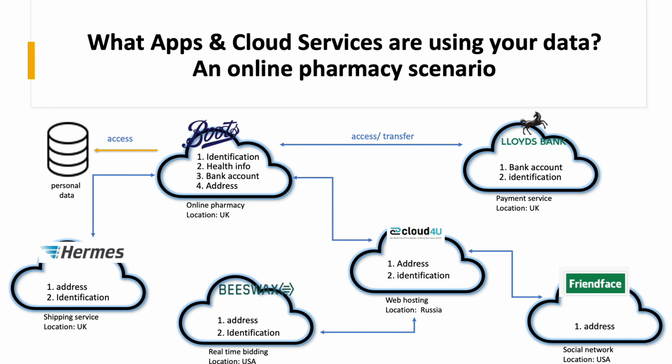The pharmacy uses real-time bidding services of Beeswax for advertisements from third parties to generate other revenue streams, and this provider needs access to the customer's ID and address to function. The payment system Lloyds Bank needs the customer's account details and identification to process payments. And the shipping service provider Hermes needs to access the address and ID of the customer to deliver the purchased goods.